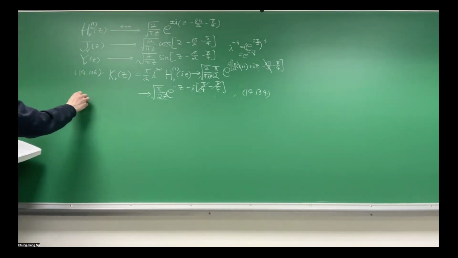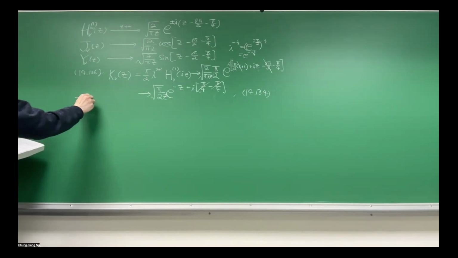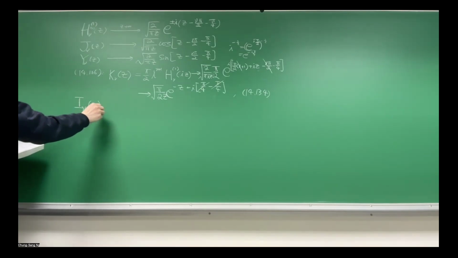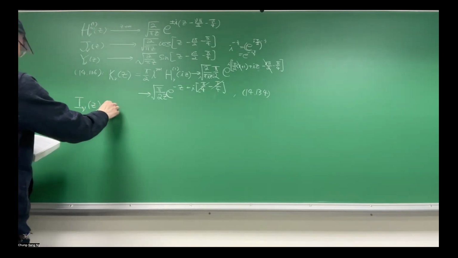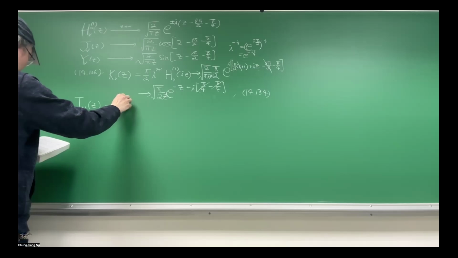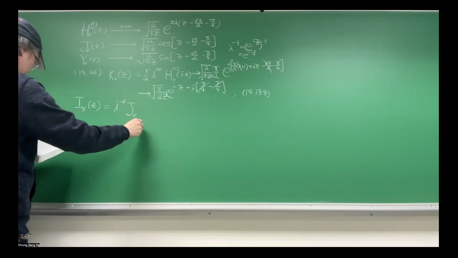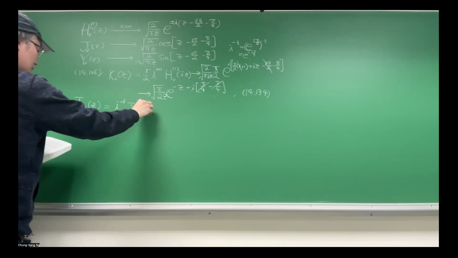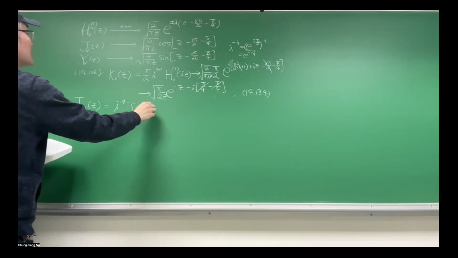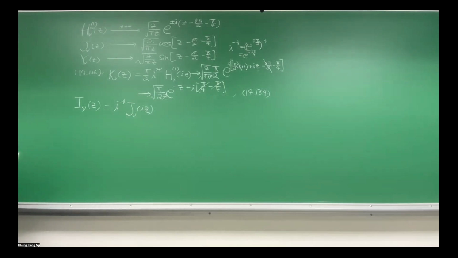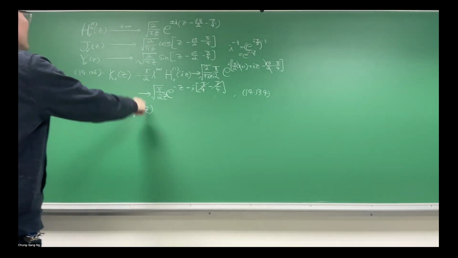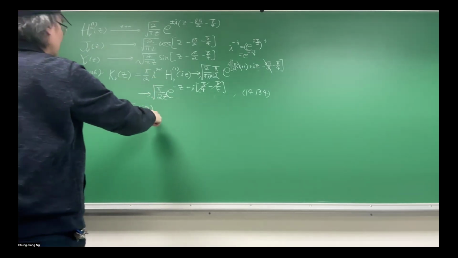So I nu of z is defined as i to the minus nu power times J nu of an imaginary argument. Okay, and now again we substitute what we have here for J.